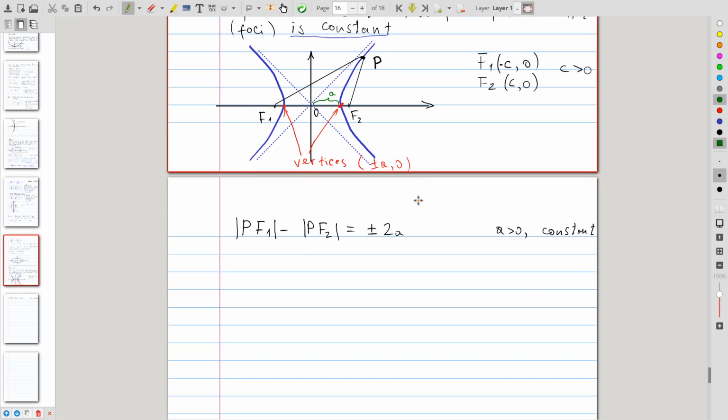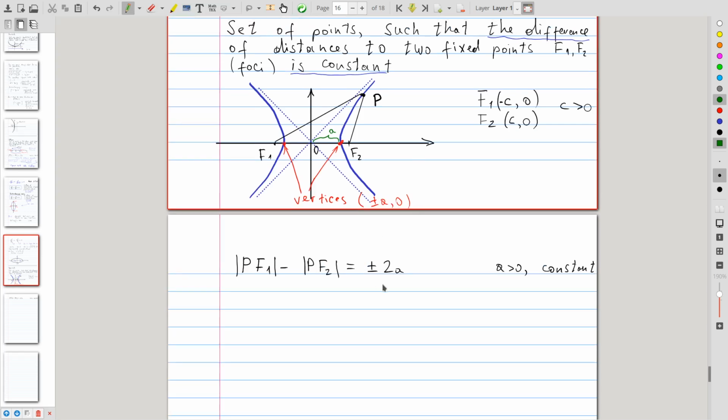Okay, so we have shown that this difference has very specific geometric meaning, and then our next step will be to derive a Cartesian equation for the hyperbola.